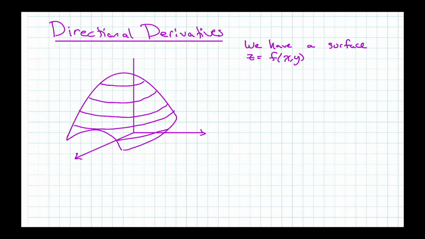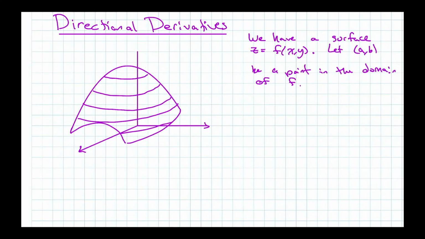Now you can find a point (a, b) in the domain of this function. So let (a, b) be a point in the domain of f. Where is that on the graph? It could be anywhere in the domain. If this is x and this is y, then (a, b) could be anywhere this function is defined.